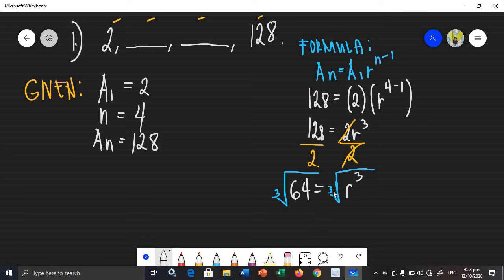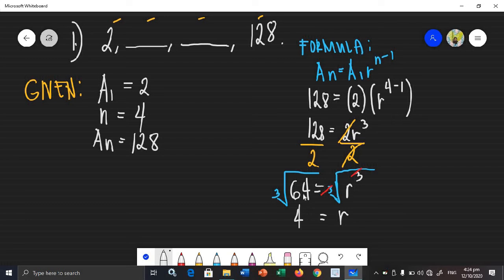So, yan, pag kinuha natin yung cube root ng r cube, of course, makakancel na yan yung 3. Therefore, matitira na r. R na lang. Tapos, we will be looking for the cube root of 64, which is 4. No?